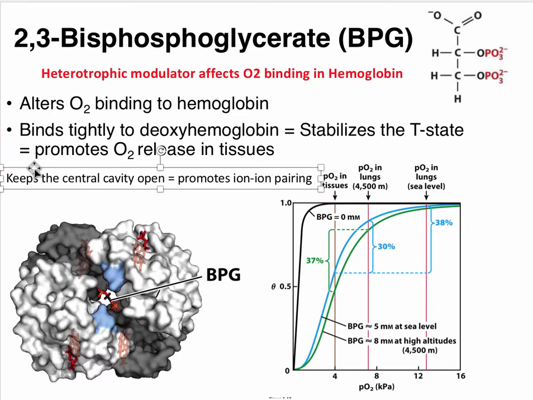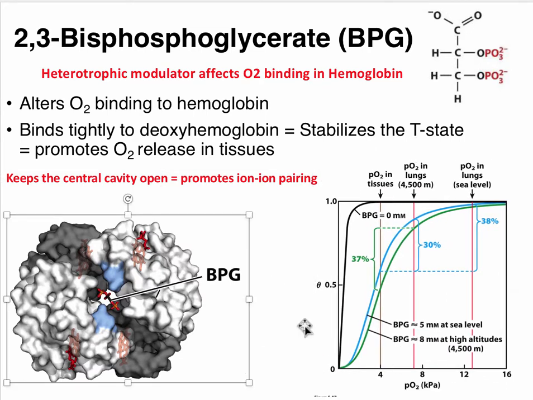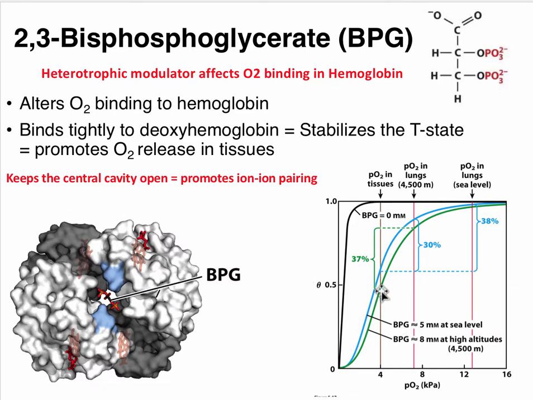If the T state is stabilized, again, we're going to reduce our affinity for oxygen, and so our allosteric binding curve will be shifted to the right. And the levels of BPG, this is a figure from your textbook, all it's representing really is that the levels of BPG vary at different altitudes. In fact, our blood under homeostasis conditions always has BPG present in it.